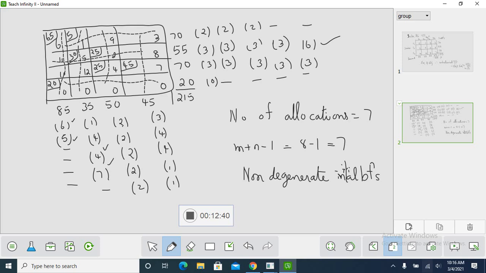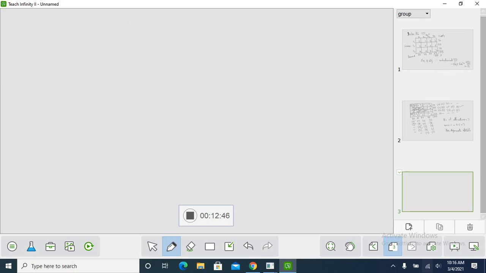Next, what we need to do is we need to check for the optimality of this solution. So how do we check for optimality? So let us redraw the table for convenience. Step 2, we have to check optimality. We are going to check the optimality using what method? Modi method.